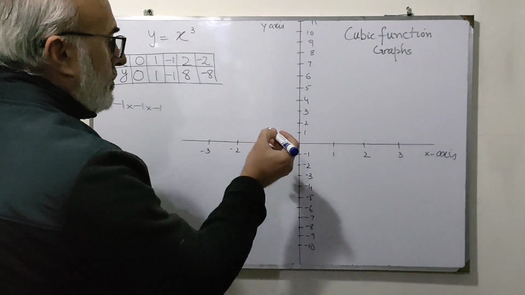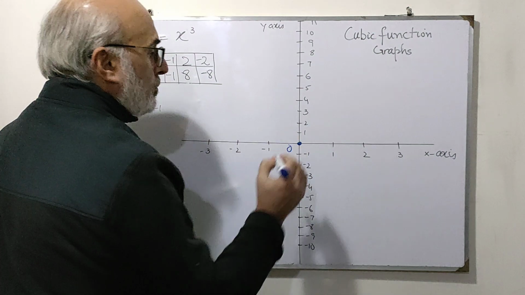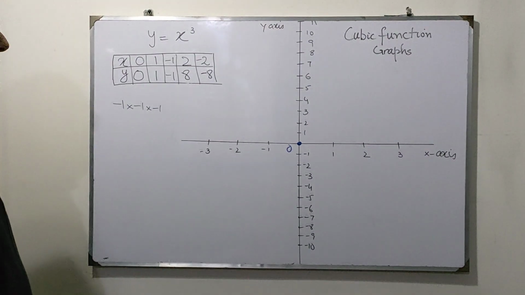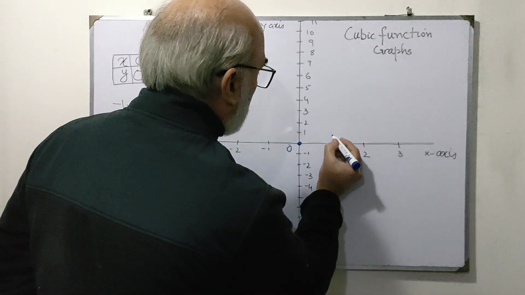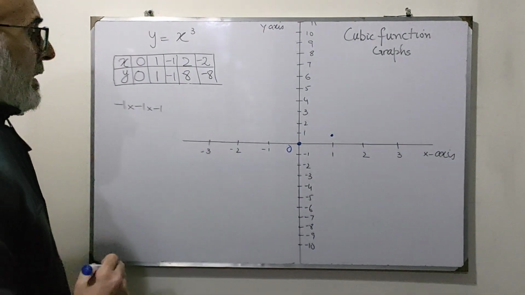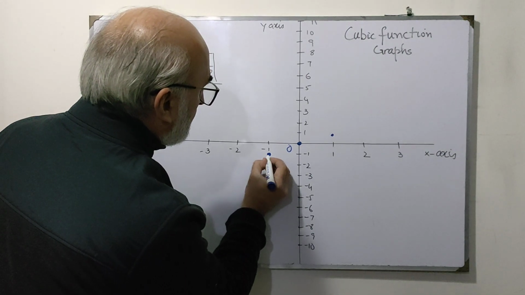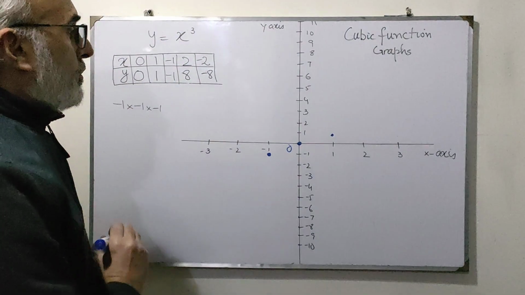So first point is 0 and 0, which is origin. So this is the first point. Then 1 and 1, it's here. Minus 1 and minus 1, it's here. And then it's 2 and 8.